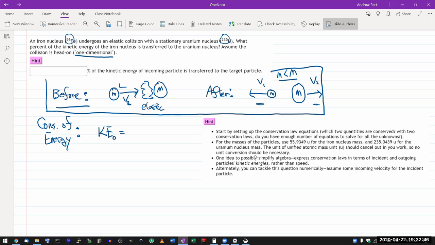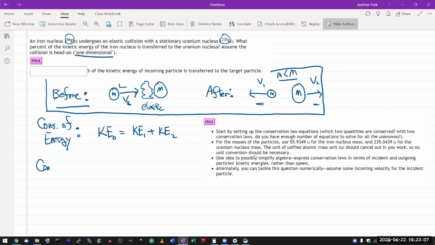So K naught equals kinetic energy 1 plus kinetic energy 2. All right, that's one conservation law. And because it's a collision, you know there's a conservation of momentum involved, usually. So let me write that down.